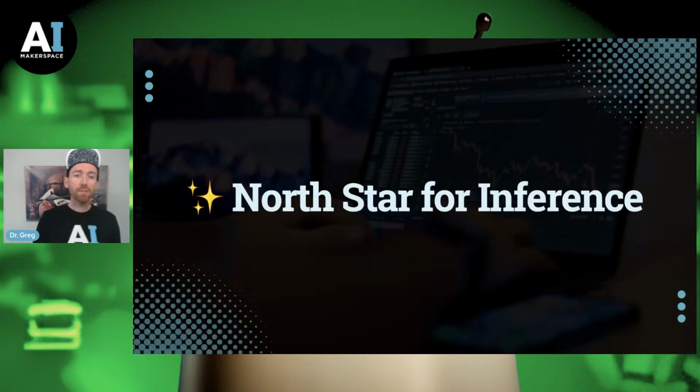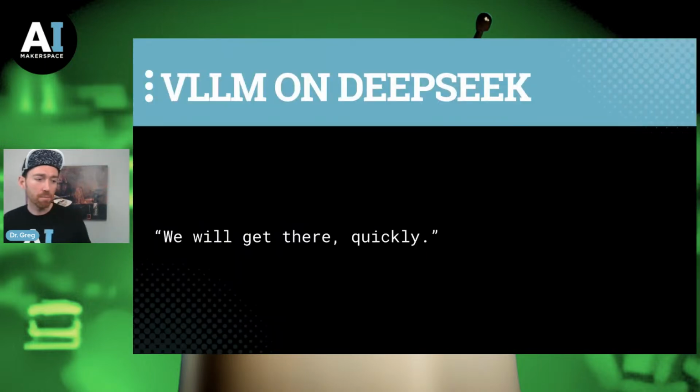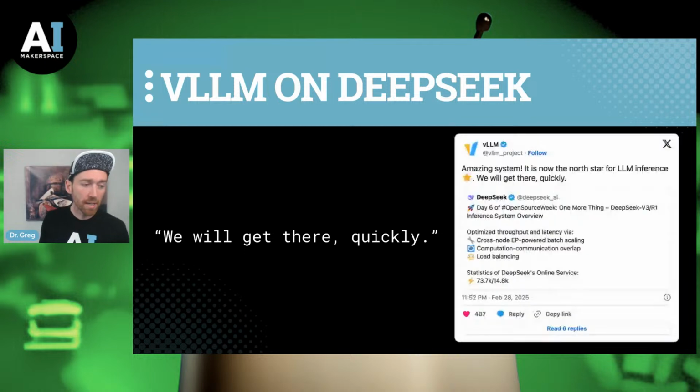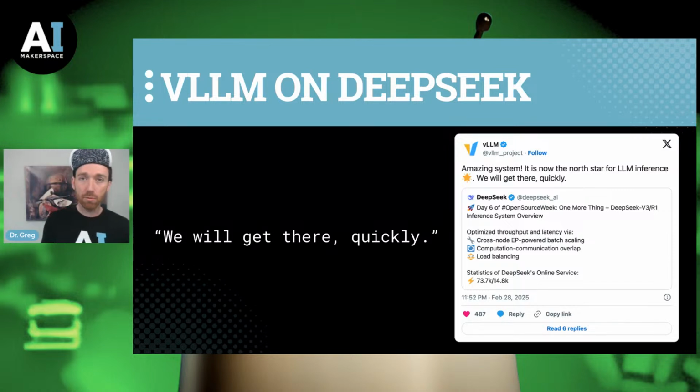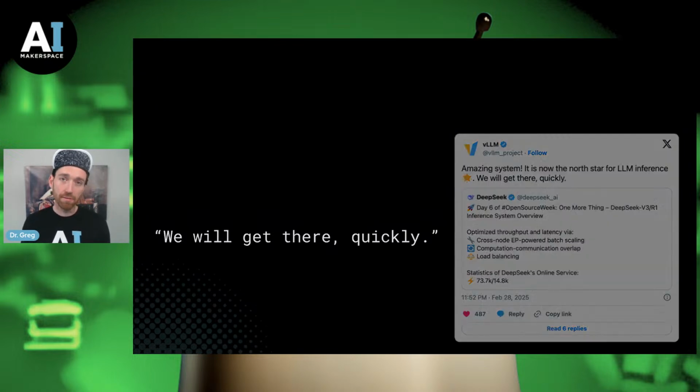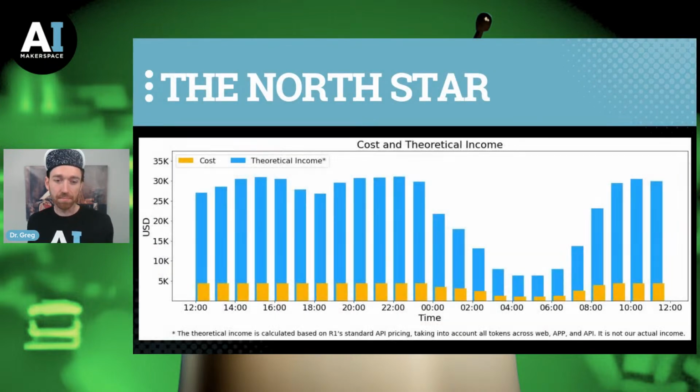This North Star for inference literally comes from vLLM. This is an X post they made: amazing system, it is now the North Star for LLM inference, we will get there quickly. This was after DeepSeek did their 5 days of releases, and on day 6, they released the inference overview. There's one chart in this inference overview repo that's really the big chart.